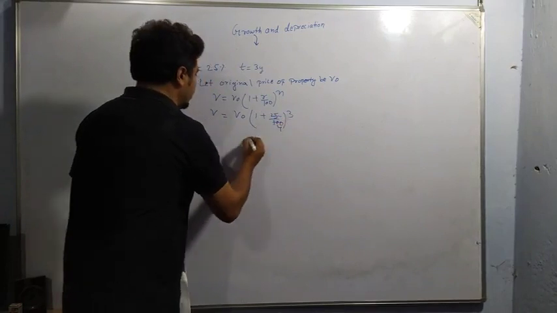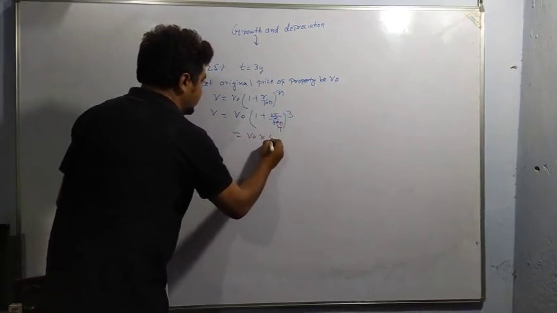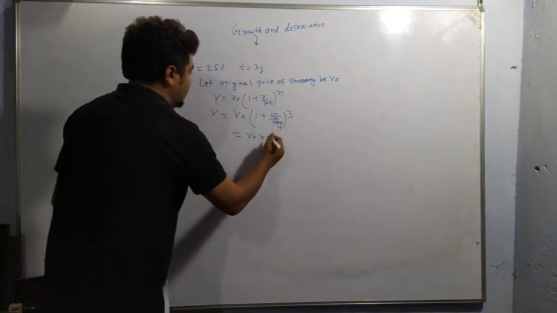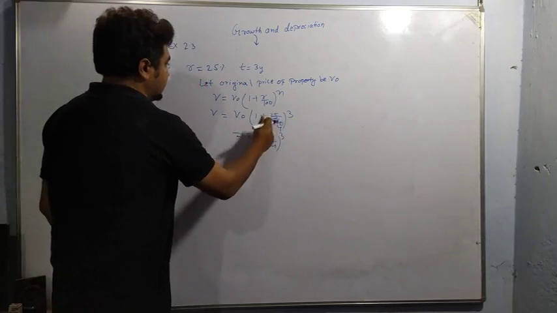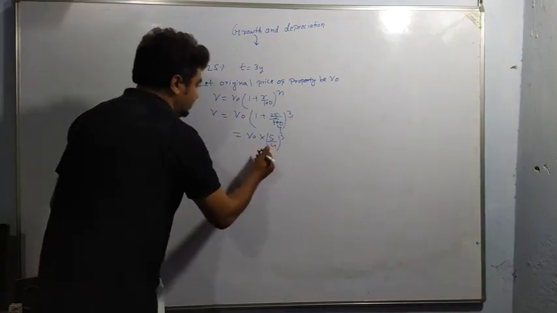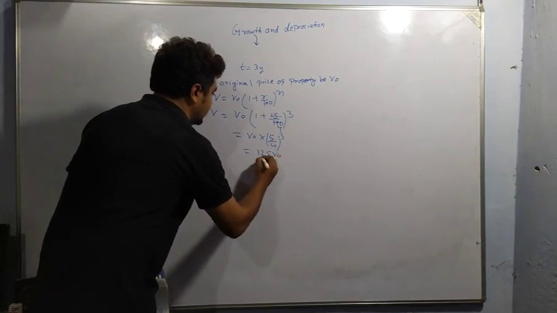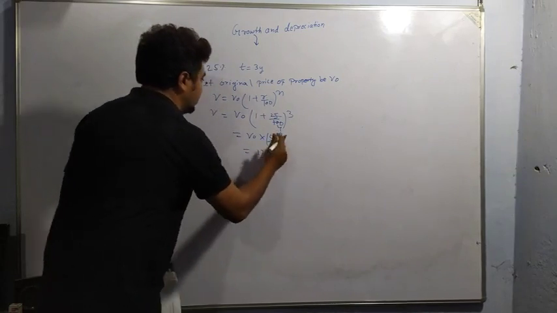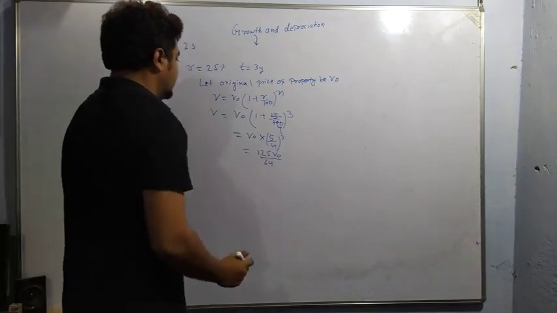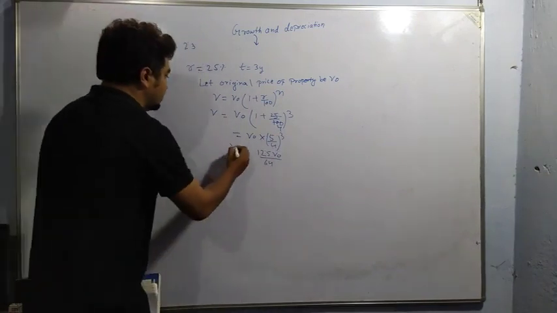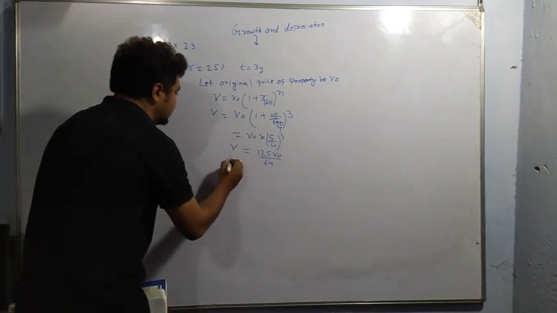25 by 100 is 1 by 4. So it is coming out to be V naught into 1 plus 1 by 4, whole cube. We can take the LCM, and 4 plus 1 is 5, so 5 by 4 whole cube. And this is 125 V naught by 64, since 4 cube is 64 and 5 cube is 125. Now V is coming out to 125 V naught by 64. Now what is the change?